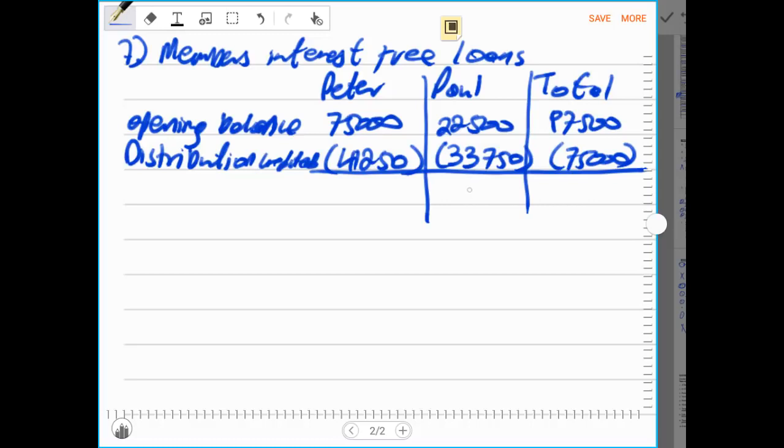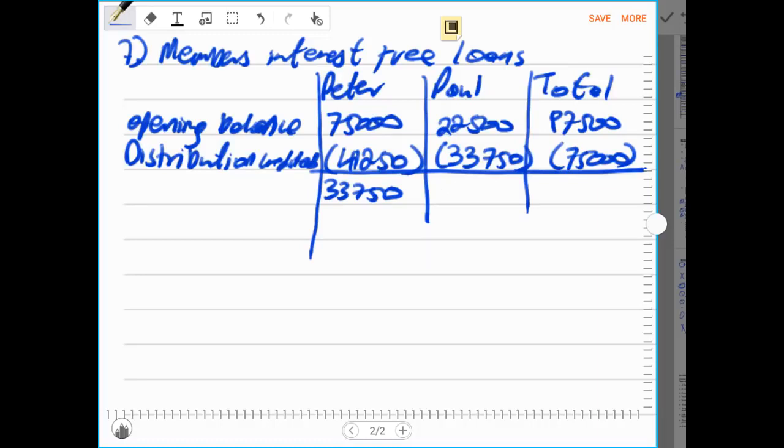Then here we have a balance. Total for this loan, 75,000 minus 41,250 is 33,750. The second one will be 22,500 minus 33,750.